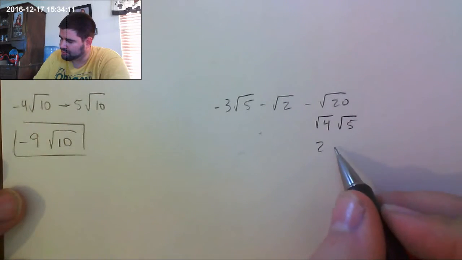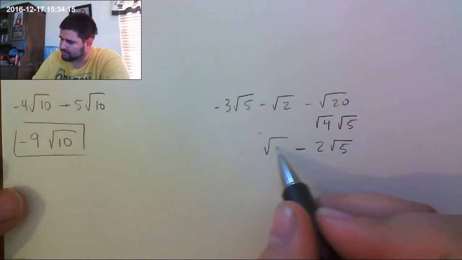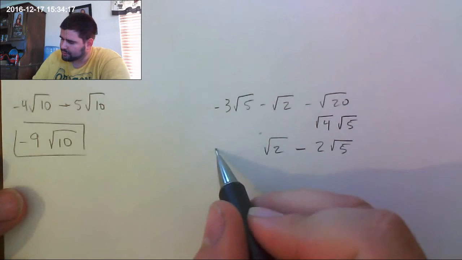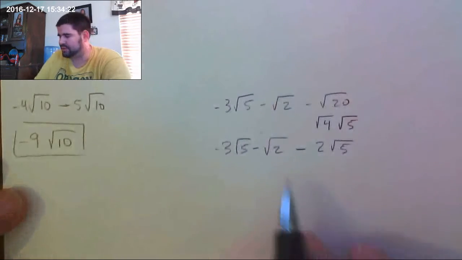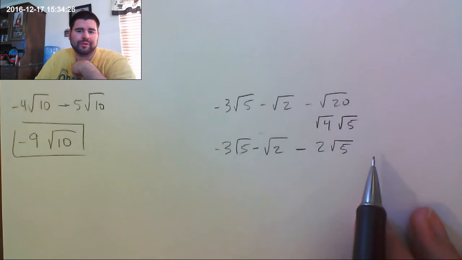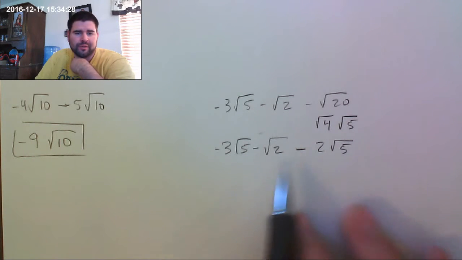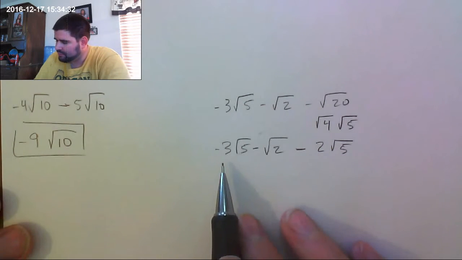So that gives me 2 square root 5. Subtract square root 2. And negative 3 square root 5. Okay. So it looks like we got nothing else to combine with the square root of 2, but I can bring this 2 square root of 5 and this 3 square root of 5 together. And that's negative 3 square root of 5.